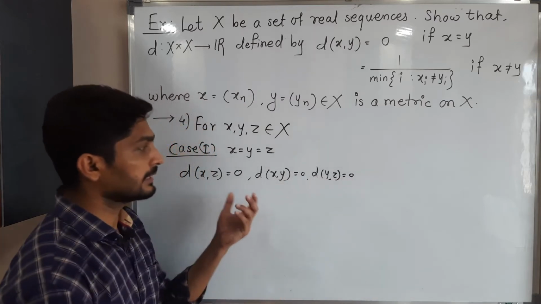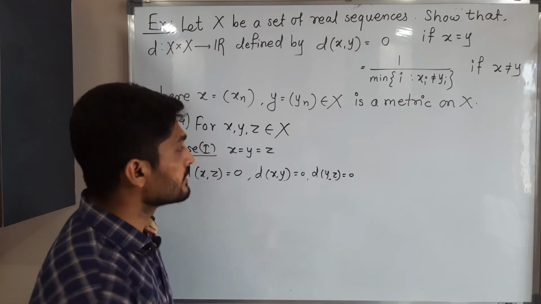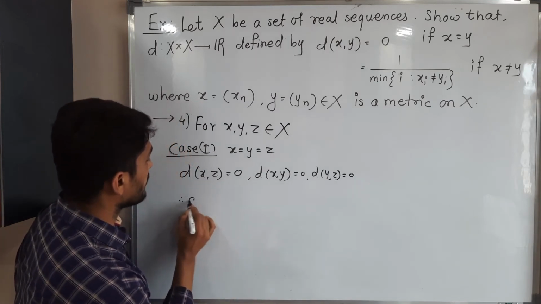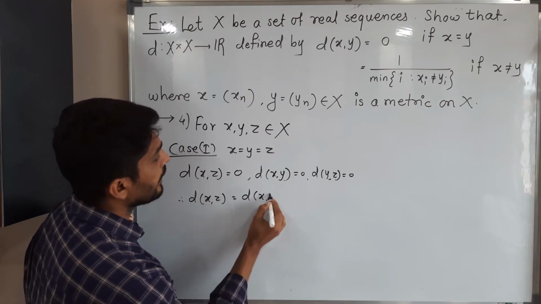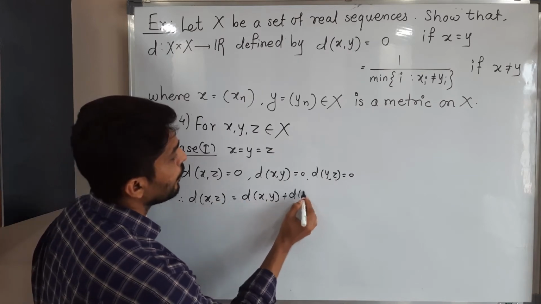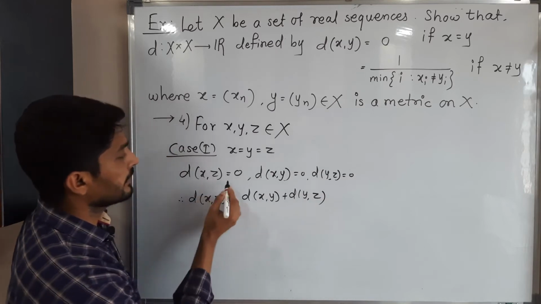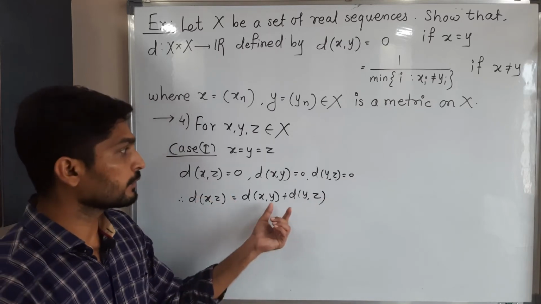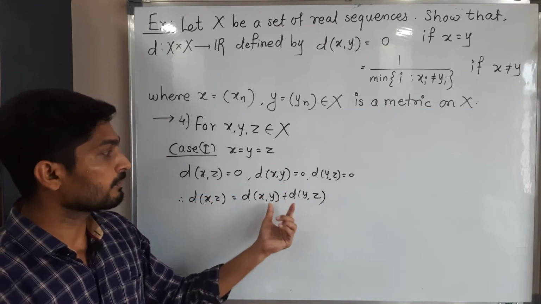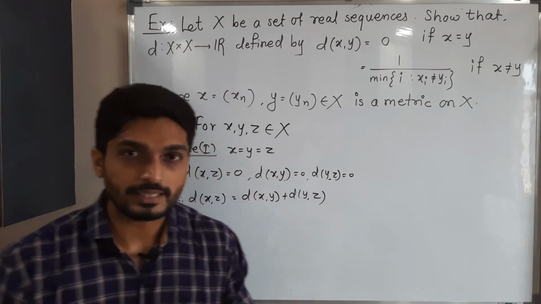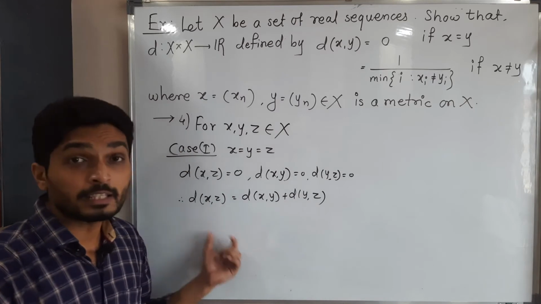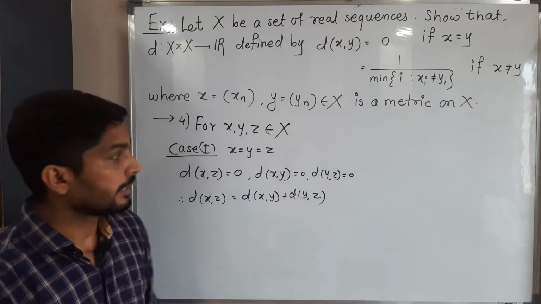Since the elements are the same, the distance is 0. Therefore I can write d of xz is equal to d of xy plus d of yz. The left hand side is 0, and the right hand side is 0 plus 0, which is 0. So here we get an equality.